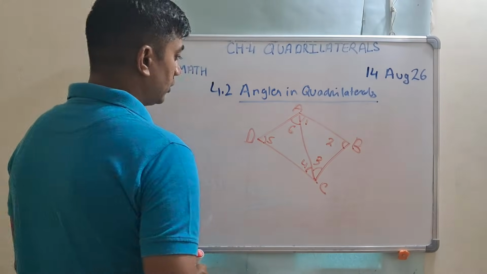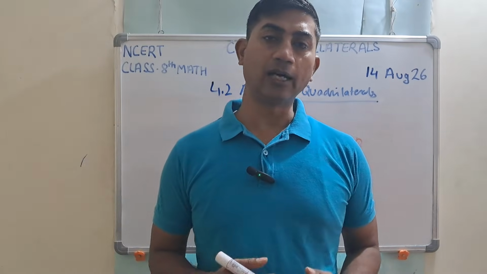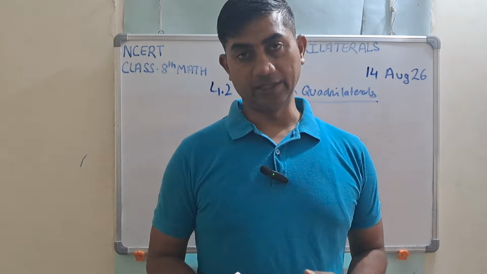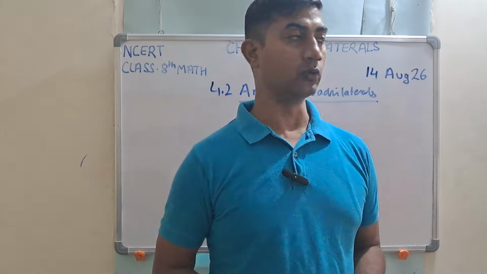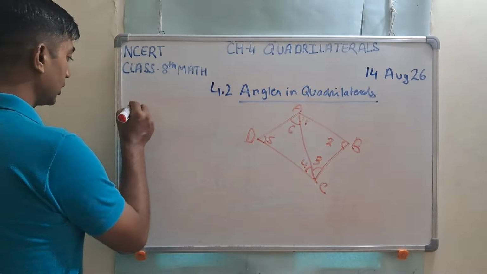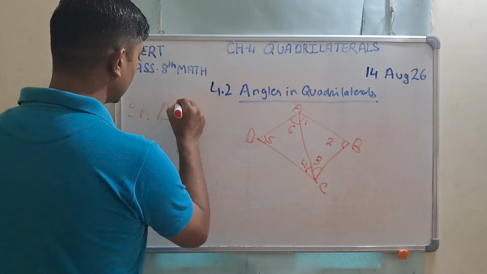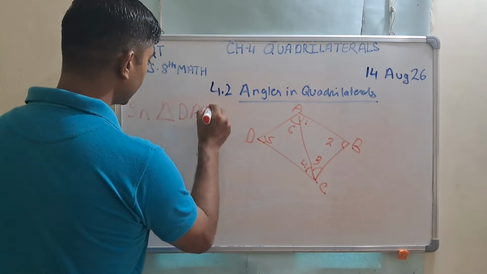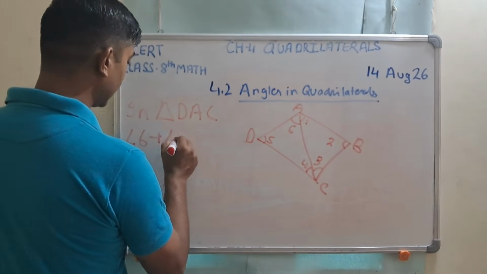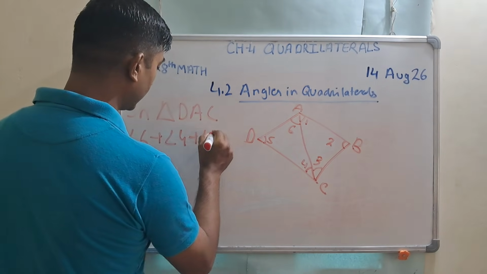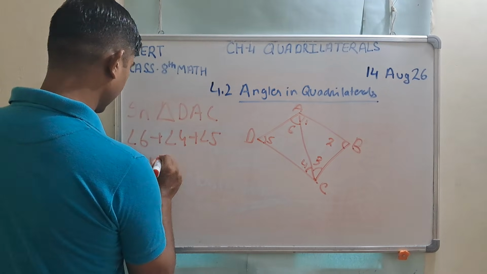Understood? Now we know the sum of the internal angles of a triangle is 180 degree. What does that mean? In triangle DAC, angle 6 plus angle 4 plus angle 5 is 180 degree.